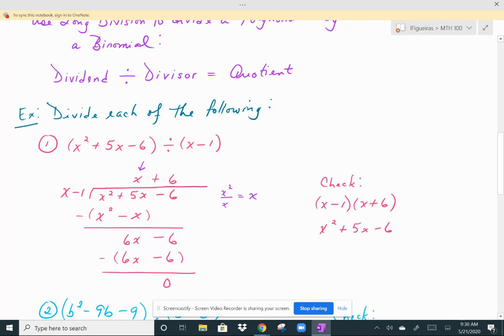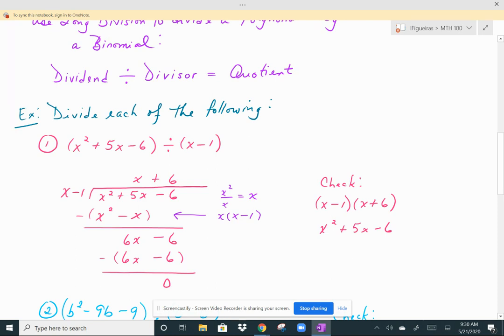Then you take that value of x, and you multiply it across your divisor. My divisor, remember, is the expression on the outside, x minus 1. That result is what you see here on this line. If you were to distribute it, you would get x squared minus x.